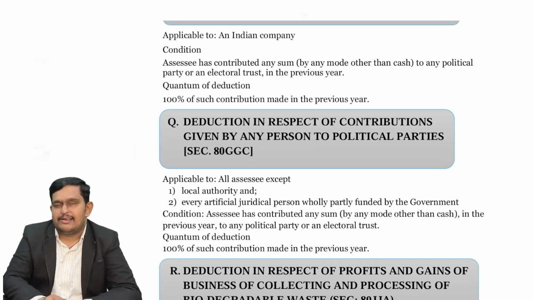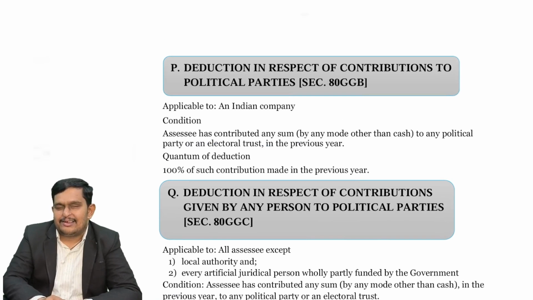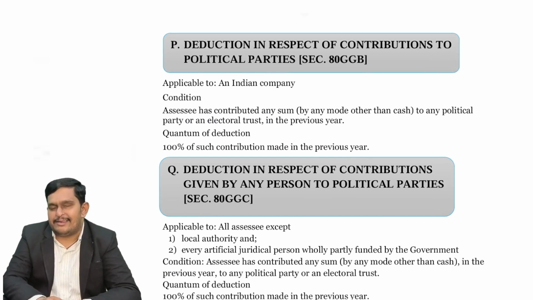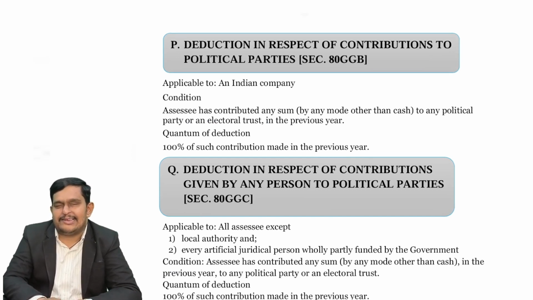There is a difference between 80GGA versus GGB and GGC. GGA is scientific research and so on, so up to 2000 cash is allowed, but more than that, obviously through account payee cheque. But GGB and GGC are all about political parties, so no cash payment is entertained for claiming deduction.